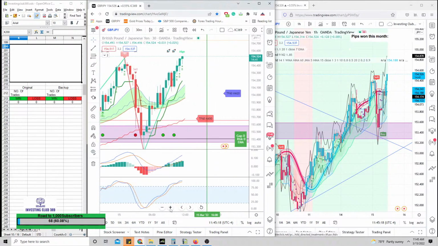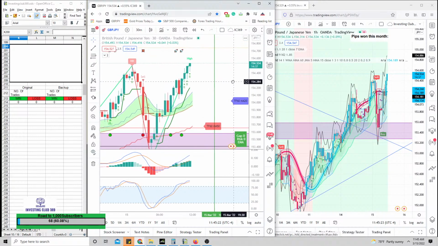Guys, we have to catch a move. We have to find a good move that we can enter. Those moves that are already happening, we cannot really go in because you don't really know what to expect. Let's say I put a long trade right here.